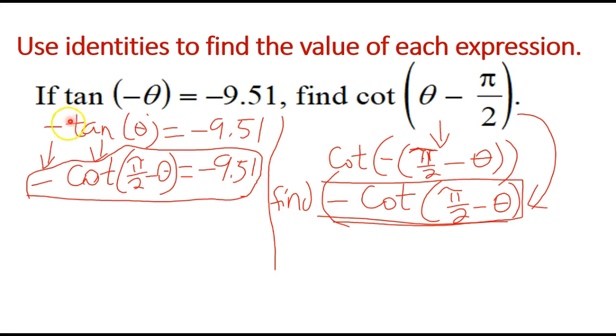Tangent is also odd, so tan of negative theta is going to be negative tan theta. And we know that tan and cotan are cofunctions. So we keep the negative and substitute the tan and cotan cofunction and still set it equal to. It happens that this is negative cotan, which is what we are looking for. So we keep it. We are done.